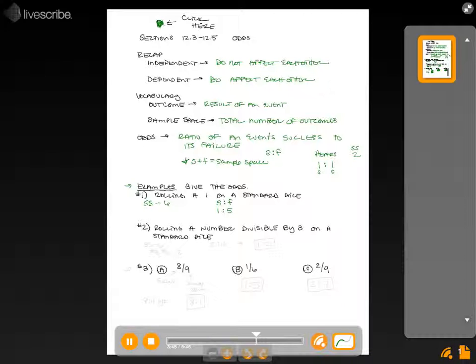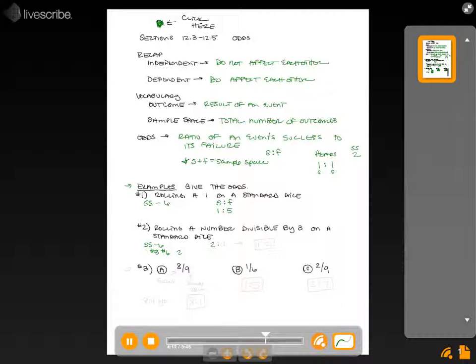Number 2, rolling a number that's divisible by 3 on a standard dice. A little different. We got to think a little more. Sample space, it's still a standard dice, so my sample space is still 6. Now I have to figure out how many numbers on a dice are divisible by 3. Well, number 3 is, and number 6. So there are 2 choices for success.